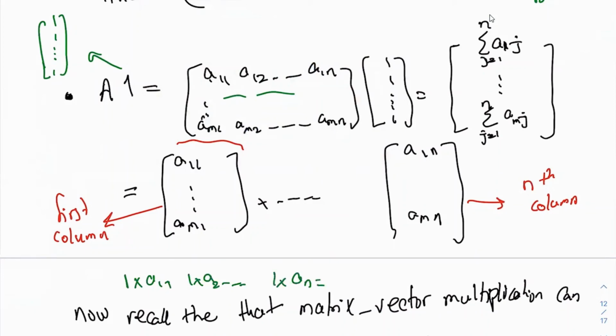So you are summing all the columns of the matrix. Another way to define that is that you're getting the sum of the first row, then the sum of the second row, all the way to the sum of the mth row of the matrix. So there are different ways to look at the matrix vector product.